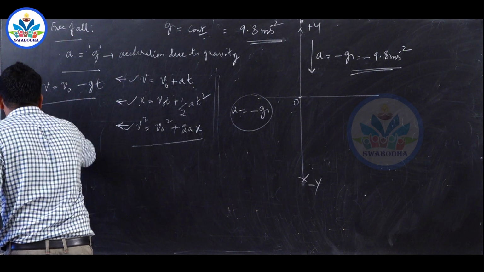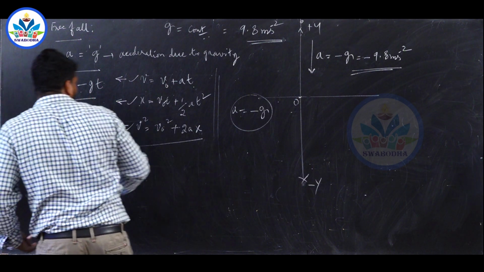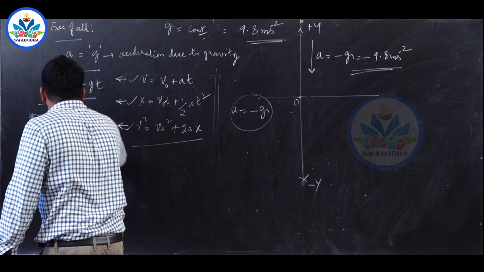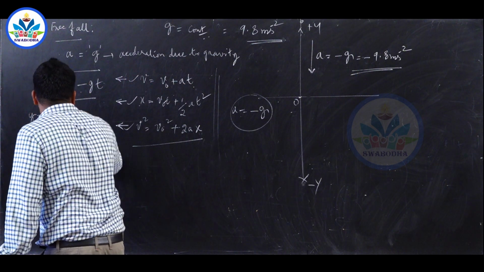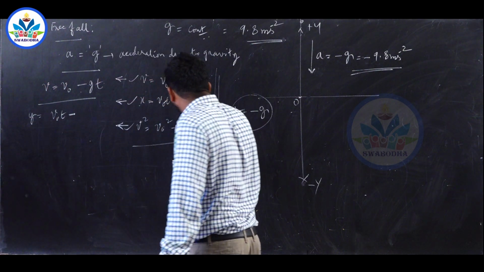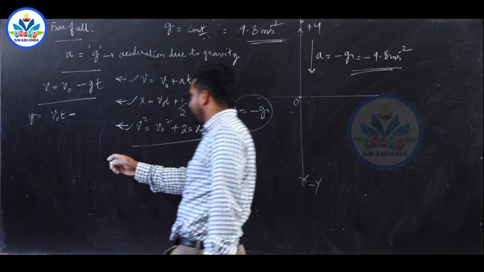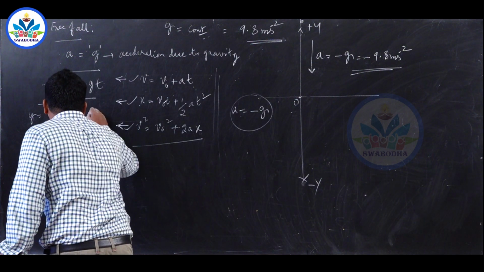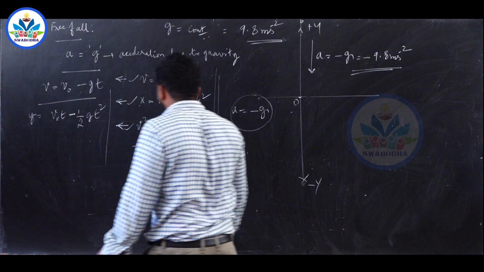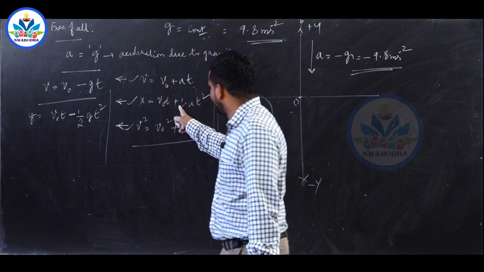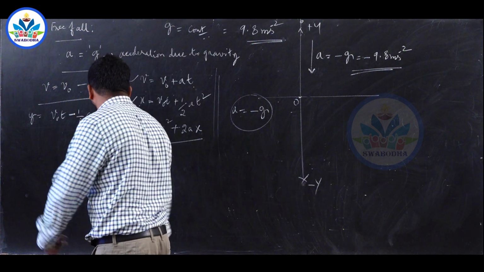x equal to, here we are not going to write x because it is along the y direction, displacement will be y. y equal to v naught t plus half into minus g into t square, that is minus half into g into t square. Correct? This is the second equation.